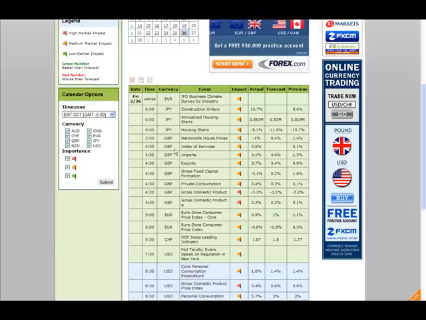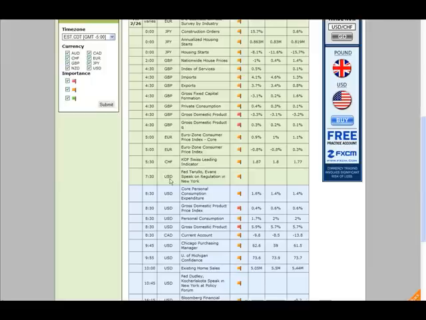Again, let's look. 4:30, that's usually a prime time for UK news, and as you can see, we had a whole bunch of them today. And whenever you have that many news events coming out at one time, you kind of want to stay out of it at that point. But a highlight at 4:30 was the GDP for the UK. So 4:30 is definite time to write down. 7:30 we have a U.S. speaker, the Fed speaking.